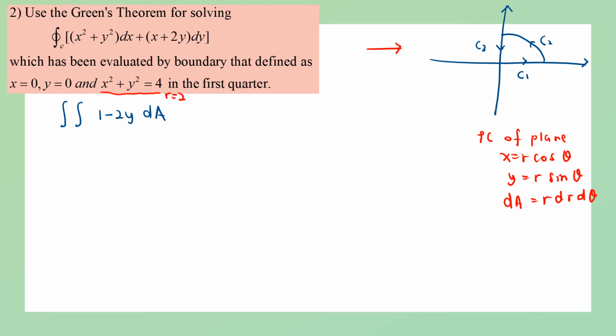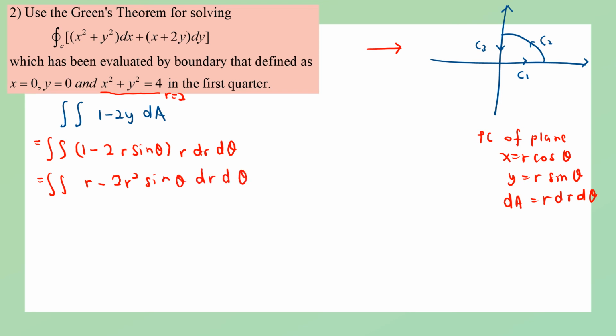So next step, you will substitute the polar coordinates. You will get 1 minus 2, and y here is r sin theta, dA is equal to r dr d theta. So you will simplify it. You will get the integral of (r minus 2r squared sin theta) dr d theta.